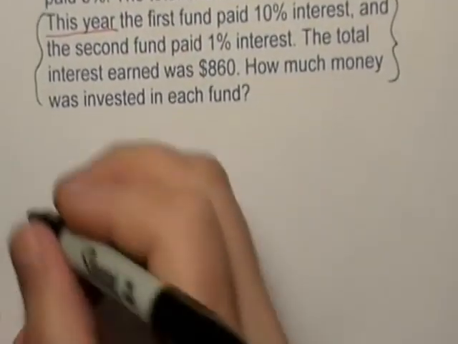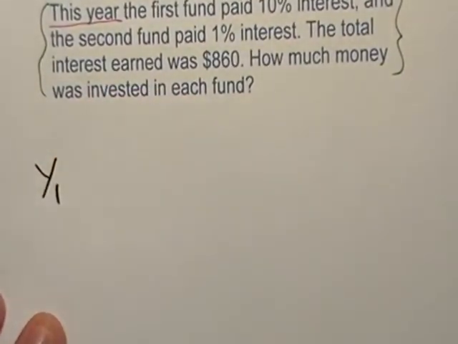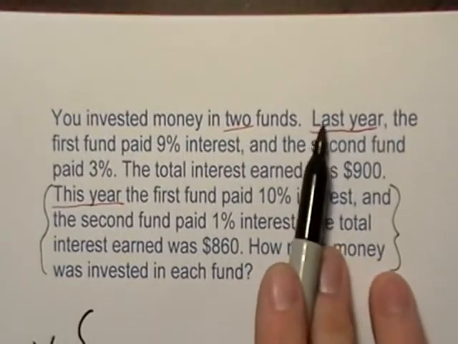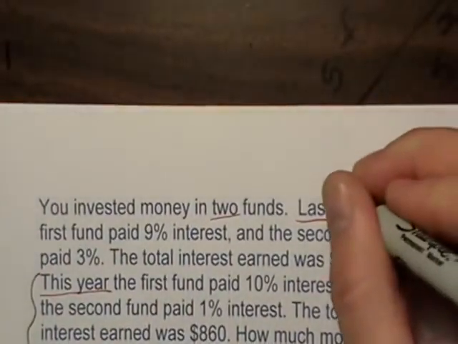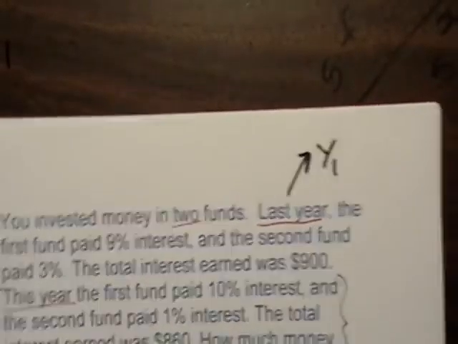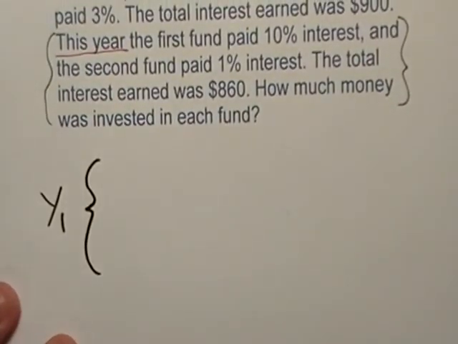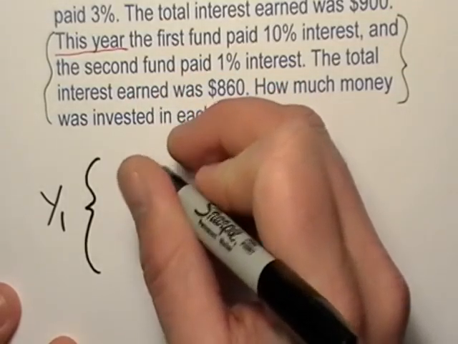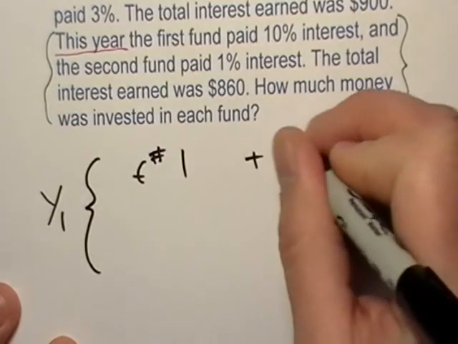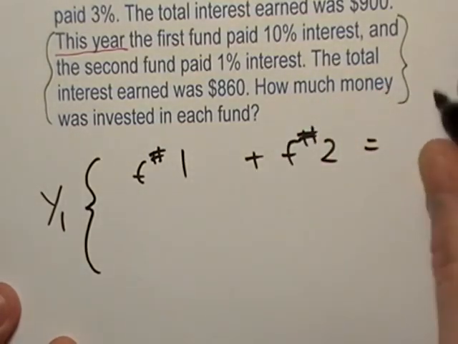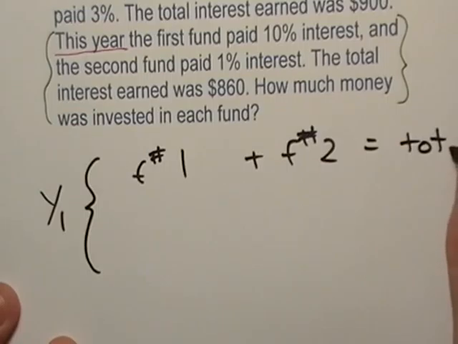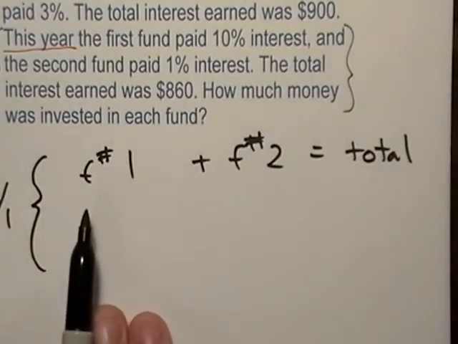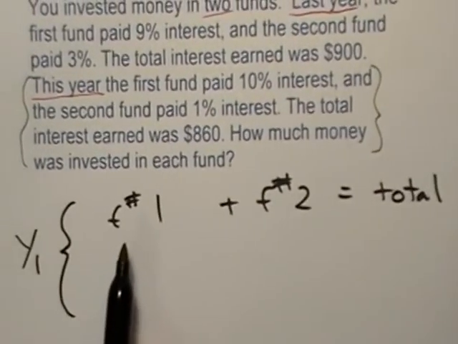Okay? And I'm going to denote Y1 as being the first year fund, like last year. Let's see here. We've got Fund 1 plus Fund number 2 equals total interest. So how much interest was earned in Fund number 1?